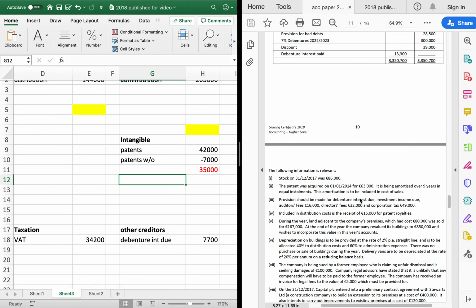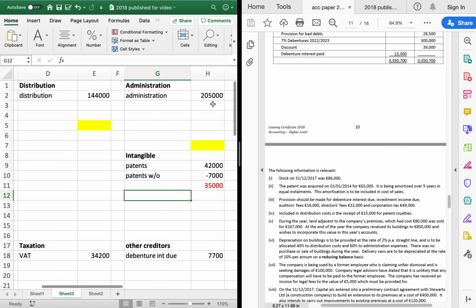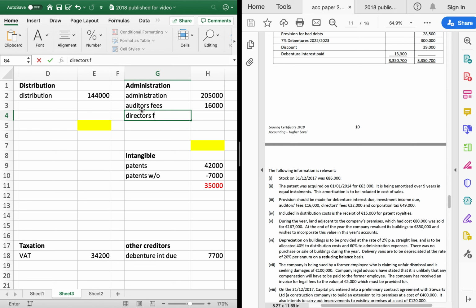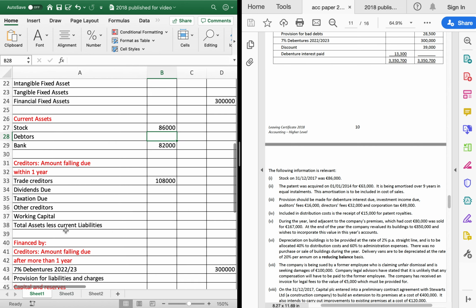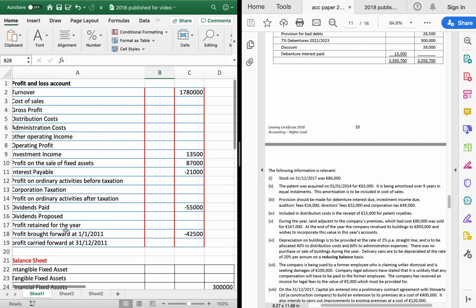Provision to be made for debenture interest due, we've done that. Investment income due, we've done that. So auditors fees, 16,000. So auditors fees are admin. Directors fees, they're admin. Okay, and corporation tax goes in corporation tax on the first page.